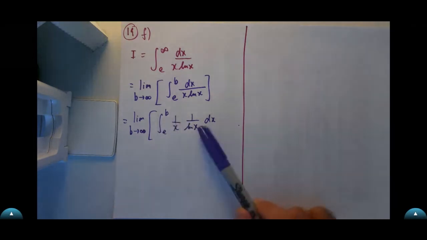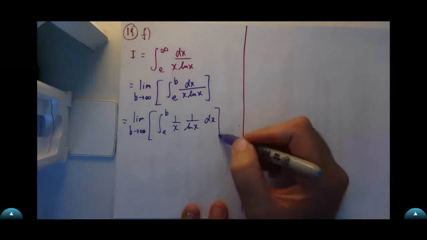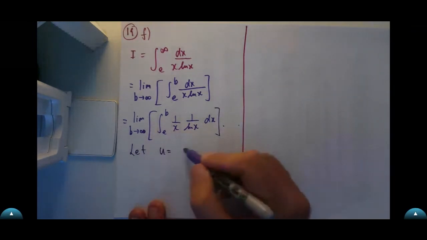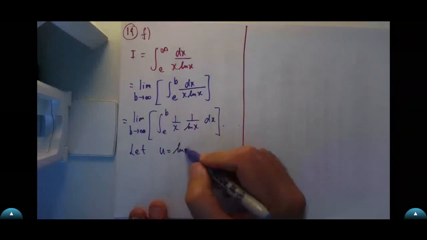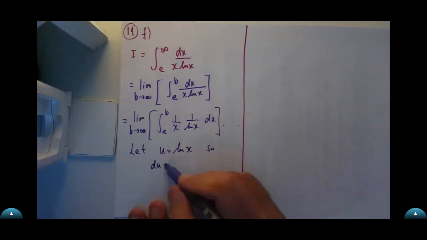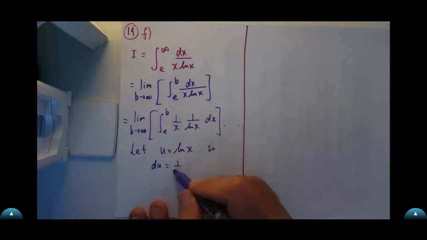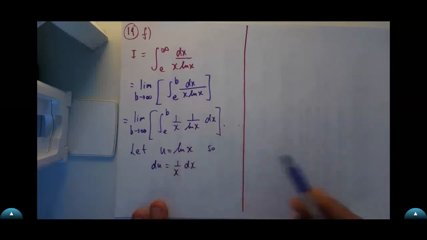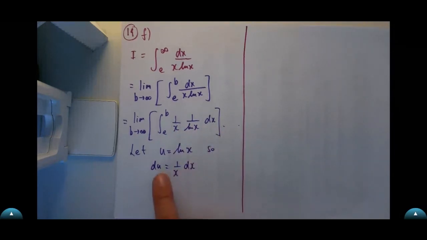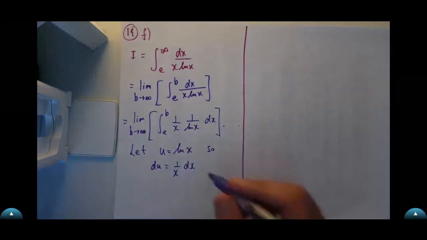It's right there. Okay, so that's something to keep in mind, and we'll use a substitution. So u equals log x, du equals 1 on x dx. And so you can see there and there, that's 1 on x dx. So you can replace that with du.